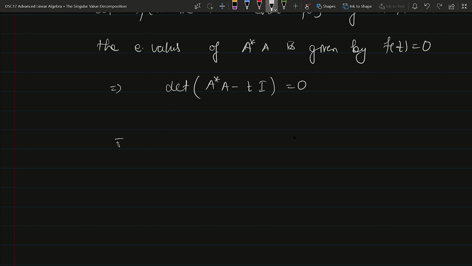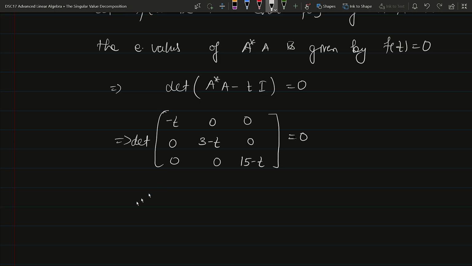Now if you could see, then this A star A is nothing but the 0, and I am just subtracting t from the diagonal entry. So we will have minus t 0 0, then we have 0 3 minus t 0, 0 0 and 15 minus t, and we need to identify कि इसका determinant 0 होगा. ठीक है, then this implies, you can see, if we write minus t, then 3 minus t and 15 minus t, then this implies that t is equal to 0, 3 and 15.